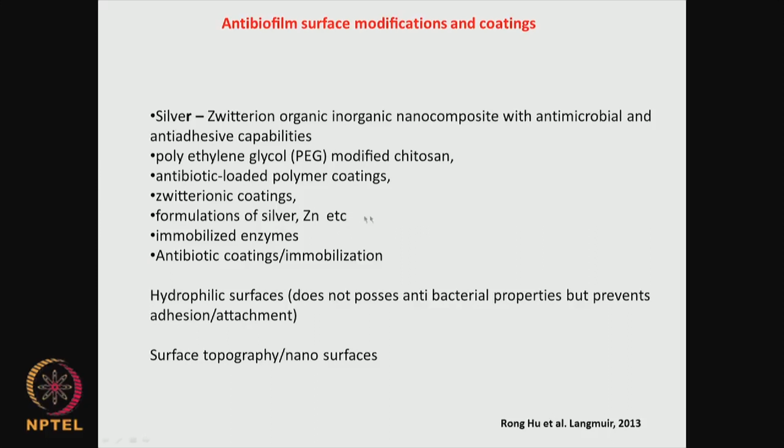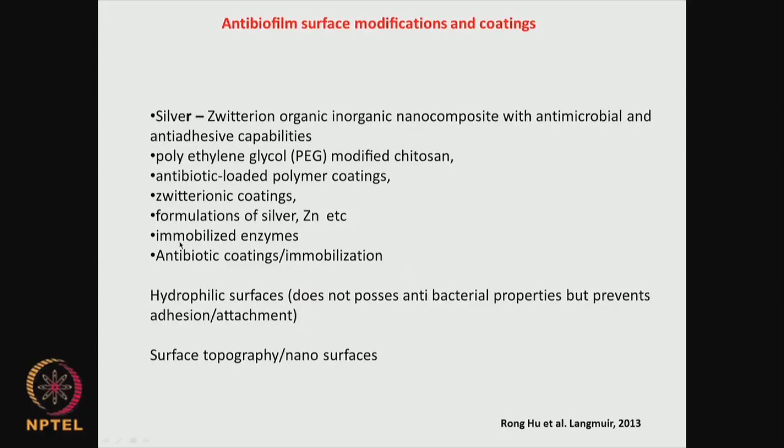So, a lot of other metals are also being tested, and they have been shown to have antibiotic or antibacterial activity. Silver is quite strong, zinc and copper are much milder than silver, and they have also been used as nano sized composites to prepare materials.